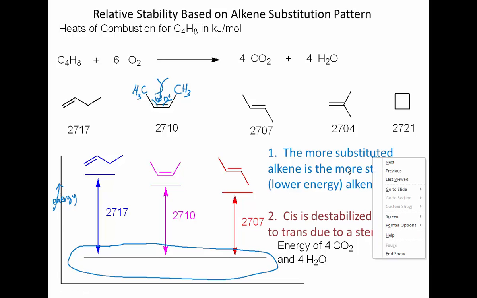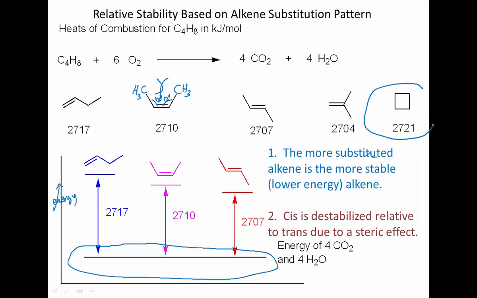Okay. All right, last one here. We have cyclobutane, of course. And we see that its heat of combustion is a little bit higher than all of these, but we made a big deal about angle strain, right? But it's really not terribly different from all of these. So what gives here? Well, the deal is that a sigma bond is generally stronger than a pi bond.